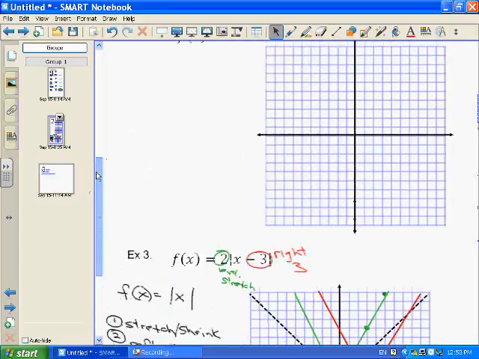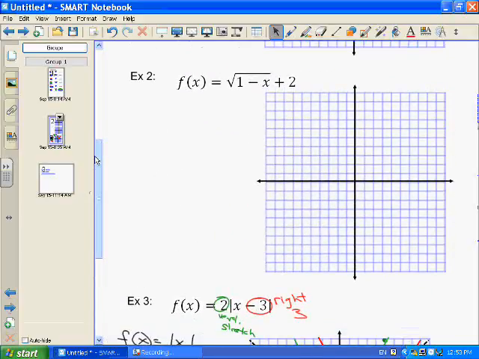Okay, let's take a look at this one. What kind of graph did this one start out as? Square root. Then we did things to it. No? What's that do? Not left or right. It's on the outside. Oh. Where's it going? Up.